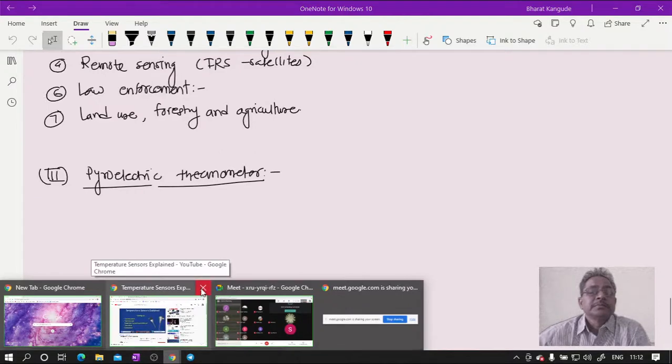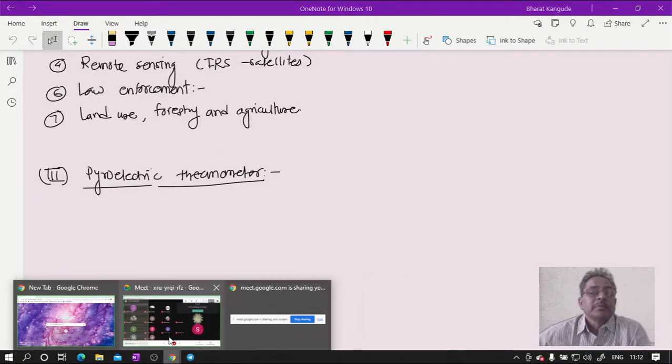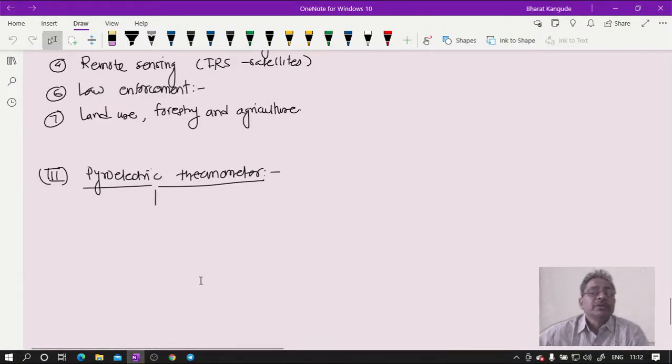Hey there guys, Paul here from the Engineering Mindset. So this is what we need to understand, what this type of thermometer is, the pyroelectric thermometer. Nowadays, as we learn about IoT, Internet of Things, we can have such types of sensors which can detect very directly, very simply, the movements either of an animal or a person or whatever.